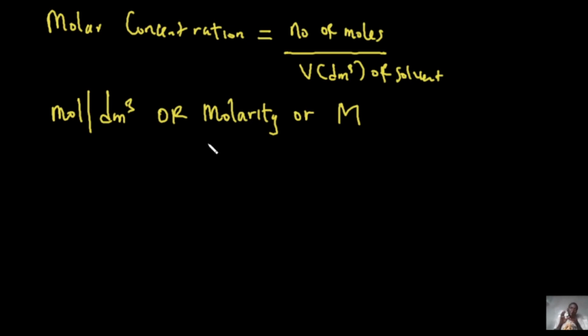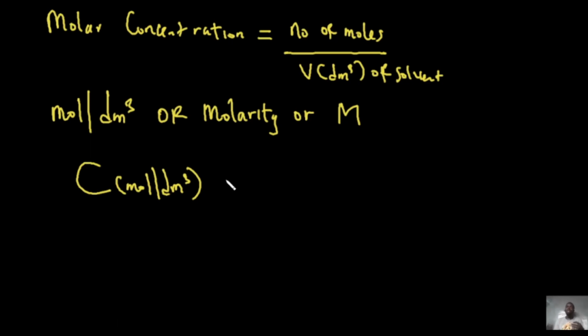Molar concentration is also represented by the symbol C, capital C. So once you see capital C, it is a representation of molar concentration, which is measured in mole per dm cube. I think that's one of the most important things.